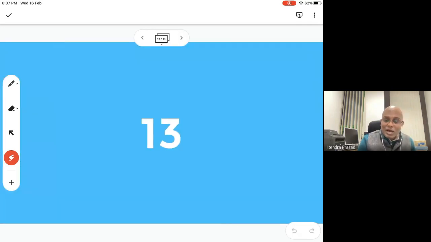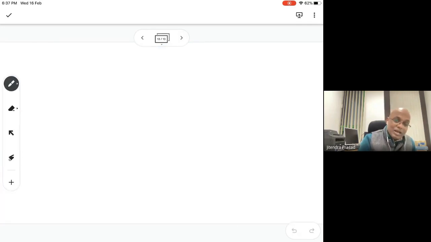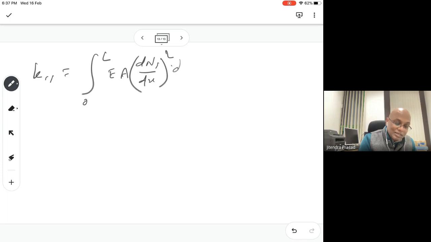Now next is finding out the stiffness matrix, and we can do it very easily. Let us say we have to find K11, which is equal to the integral from 0 to L of EA times (dN1 over dx) squared dx, right? Where N1(x) is, as you know, 2 over L square times x times (x minus L over 2).